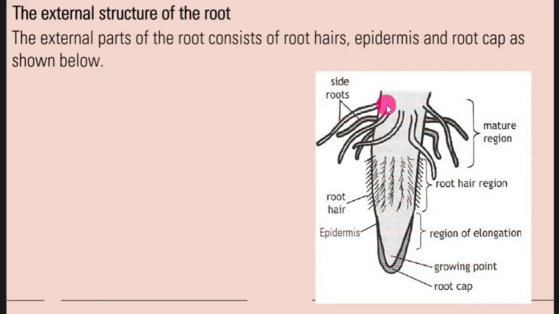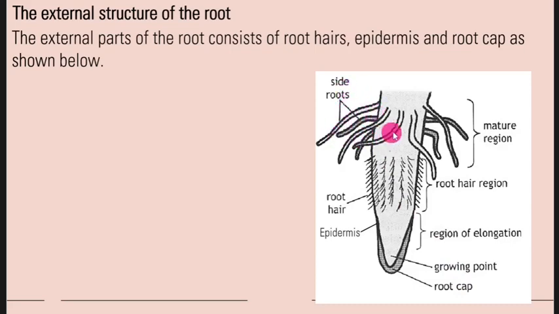This is the diagram that is showing us what the external parts of the roots are. So we have the root hair, the epidermis, and the root cap, those parts that are found on the outside of the root. So don't consider these side roots.